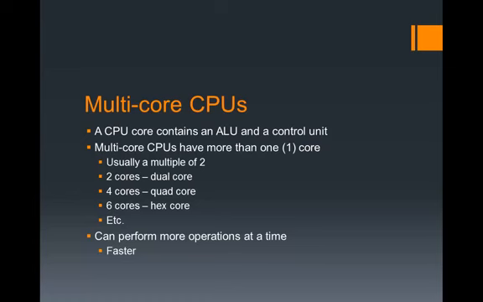So if processor 1, or I should say processor 0, remember computers start counting at 0, core 0 fetches the first line of code, core 1 can fetch the next one, and then they both can do the steps at the same time.